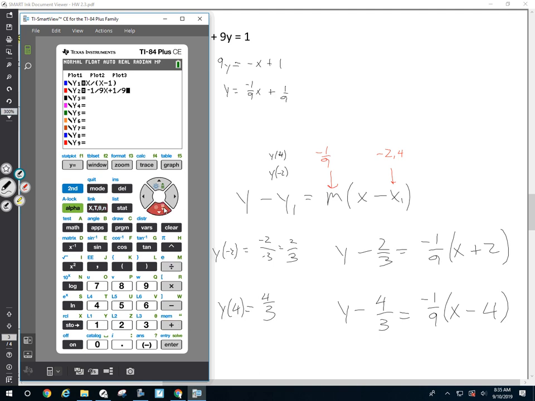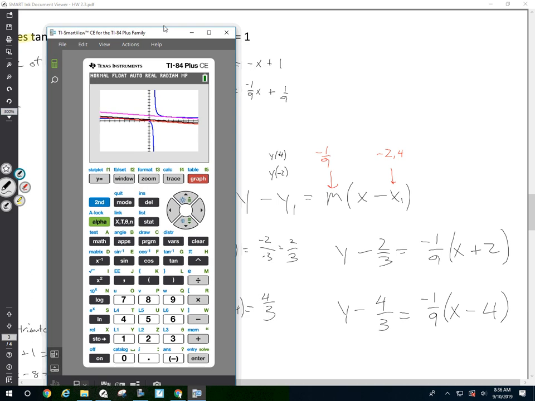And then my other two equations, -1/9 x plus 2 plus 2/3, and the -1/9 x minus 4 plus 4/3. We got some beautiful lines here. That's the graph of x over x minus 1.